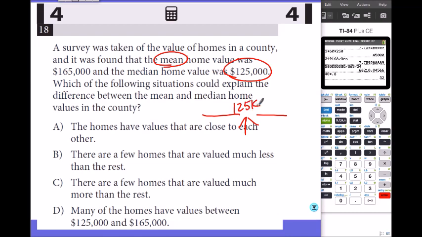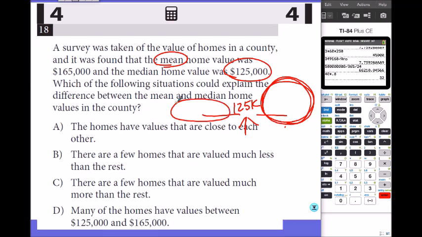That means there must be some bigger numbers on the average to even it out, because the average was more than 125. That means there were more smaller numbers than the average, right?